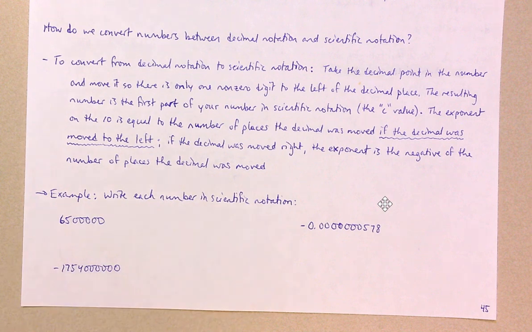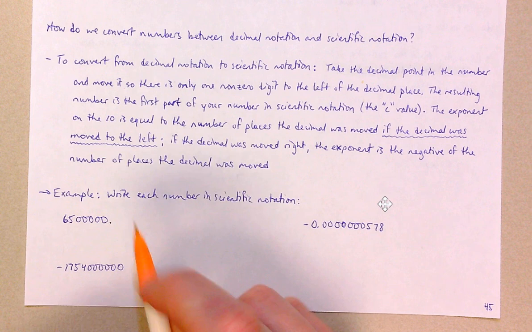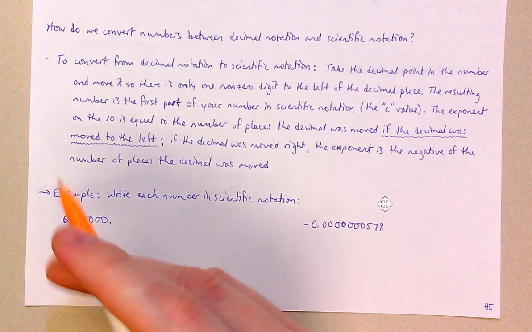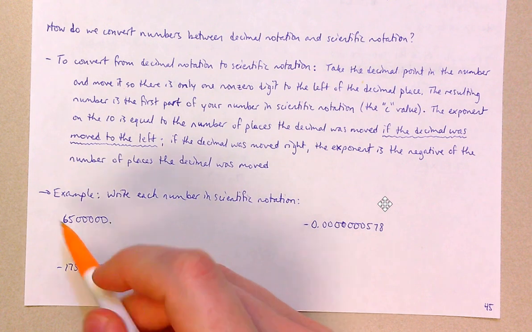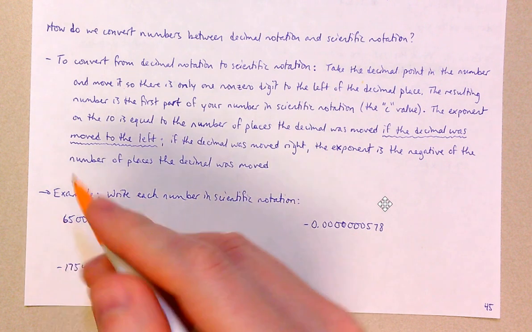First, we'll start off with 6,500,000. So I'm going to put my decimal point. This is a whole number, so I put the decimal point after the final digit of 0. And I'm going to move this decimal point so that there's only one non-zero digit to the left of it.